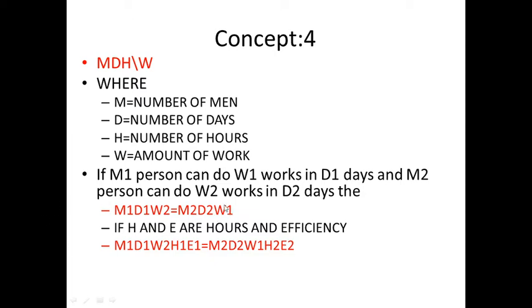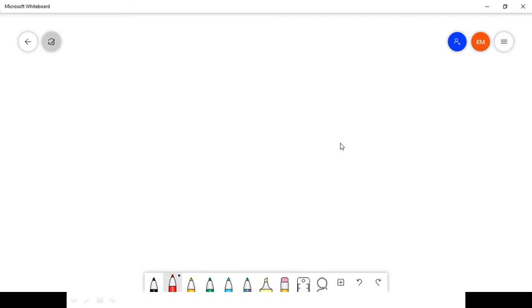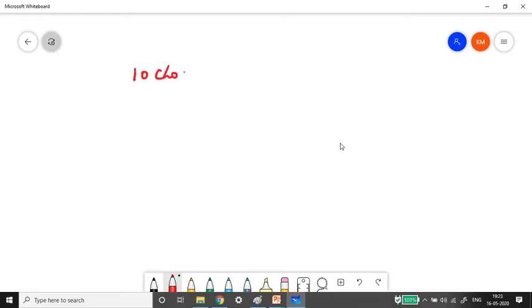Now let us look at why and how this formula arrives. I'll take you to the whiteboard first. On this whiteboard, if you know the rate of 10 chocolates is 500, how will you find the rate of one chocolate?